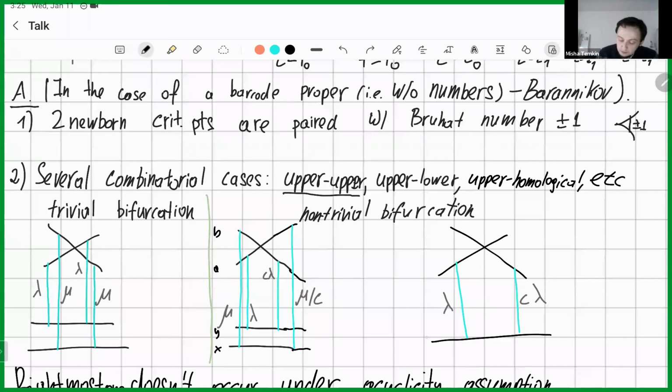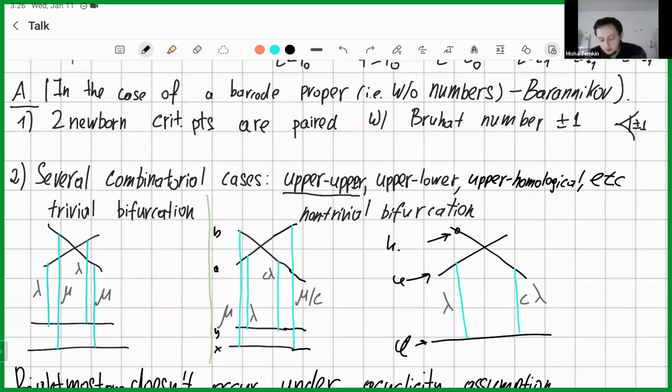Another example of a non-trivial bifurcation is of upper and homological type. So this is homological. This is upper, this is lower, right? So this is also possible. This picture is slightly less interesting than the other one, because the number can change in any way.